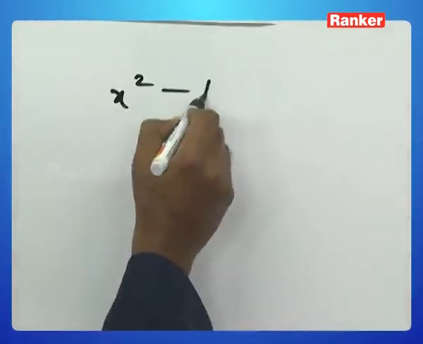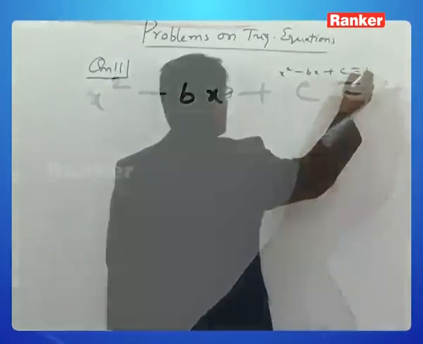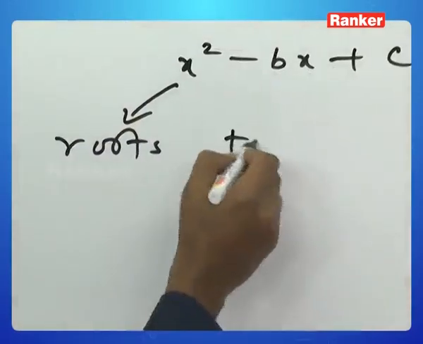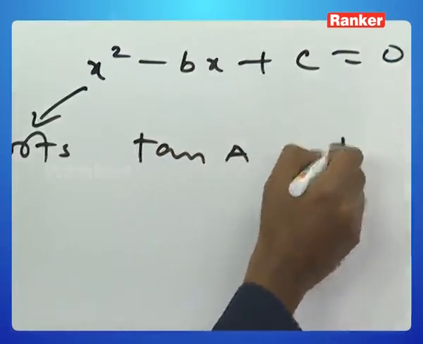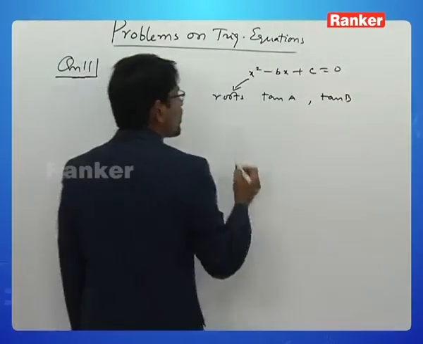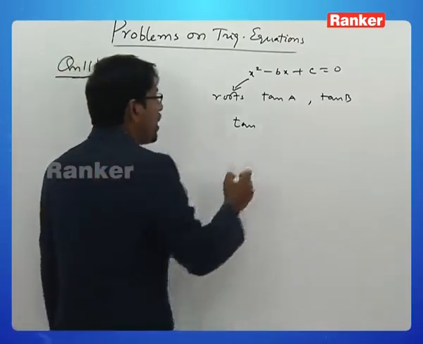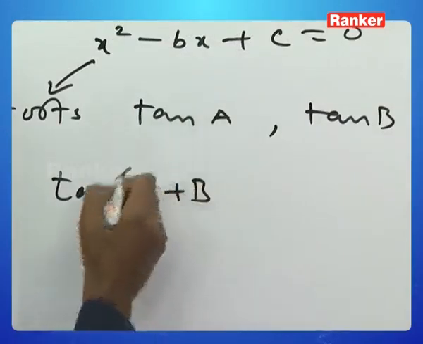x square minus bx plus c equal to 0 has roots tan A and tan B. So what is tan of A plus B?